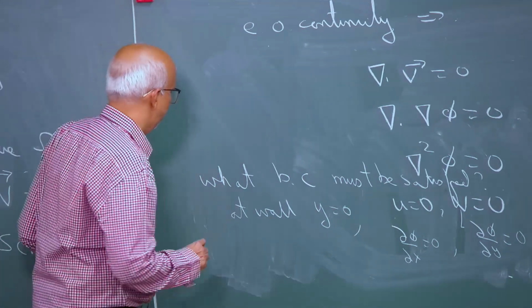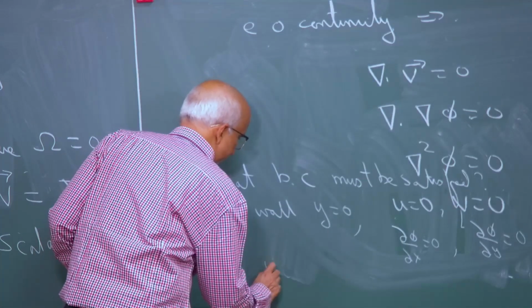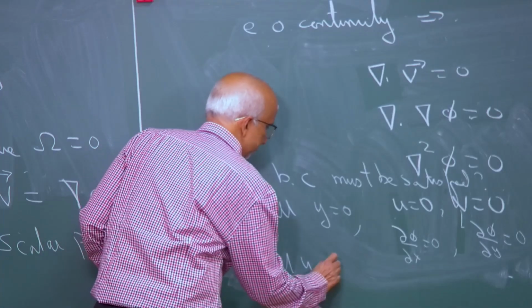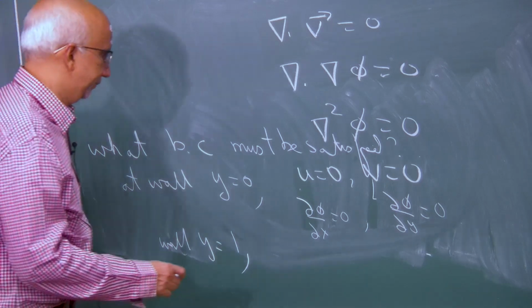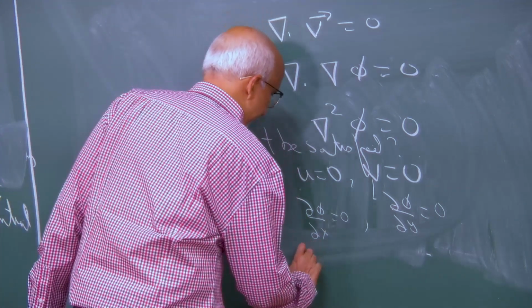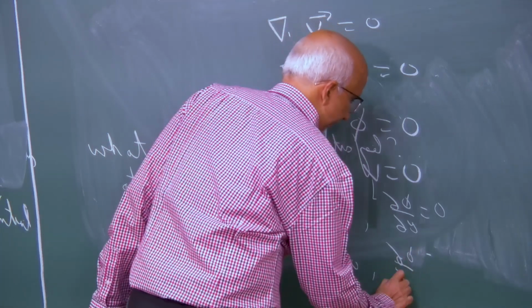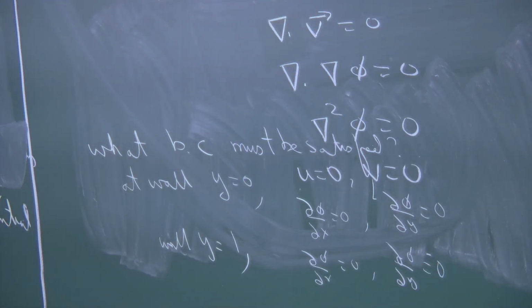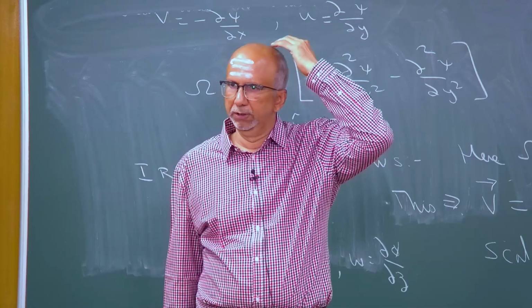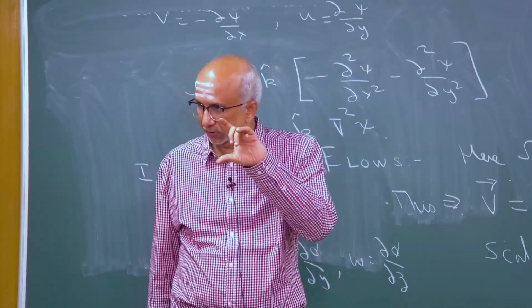Supposing there is flow between two walls, and at the other wall, y equals 1, I again have d phi by dx equal to 0 and d phi by dy equal to 0. So I have two walls, liquid is flowing through them, and I am interested in the flow. I satisfy the no slip and the no penetration condition on both walls.